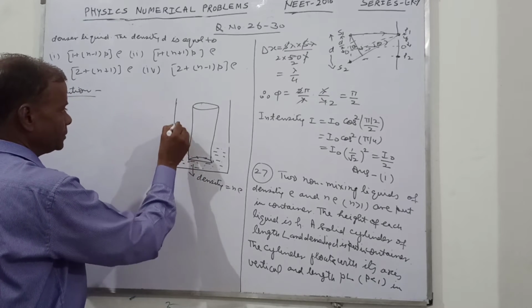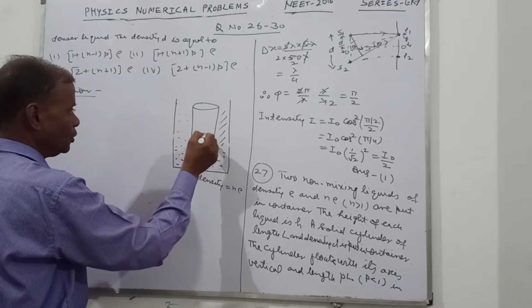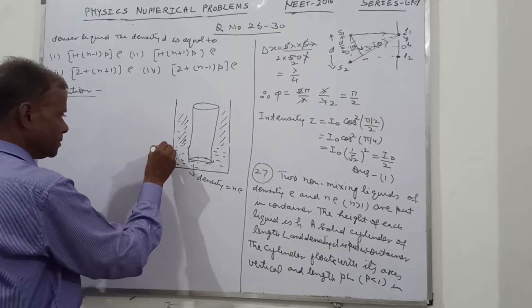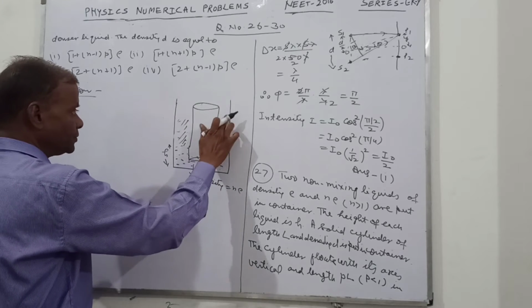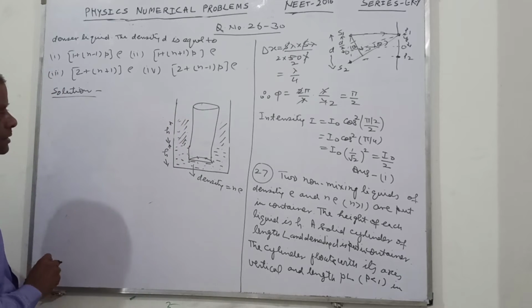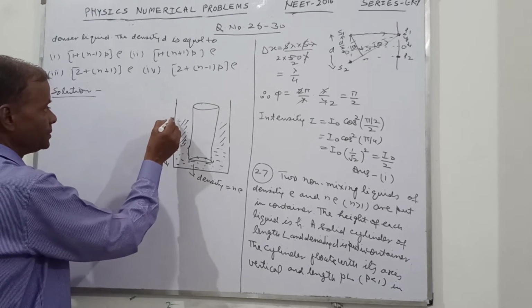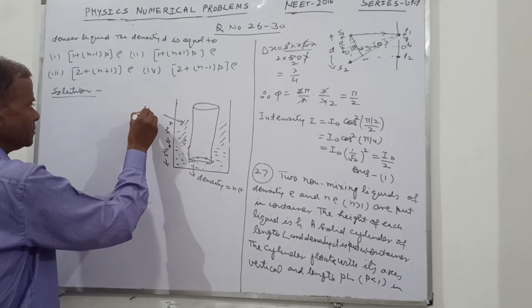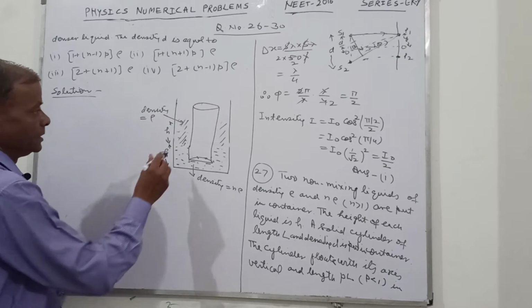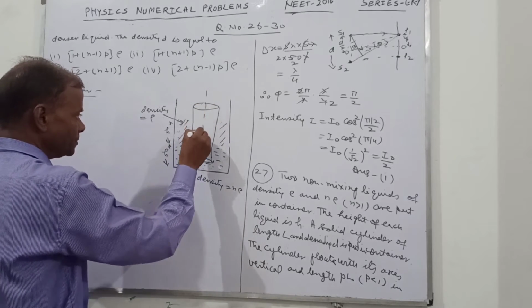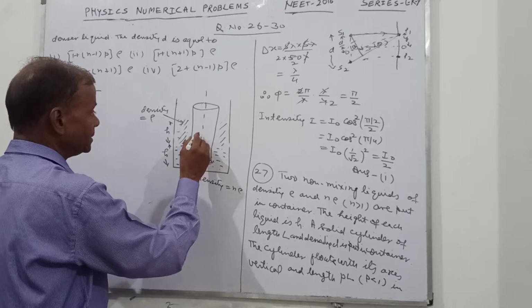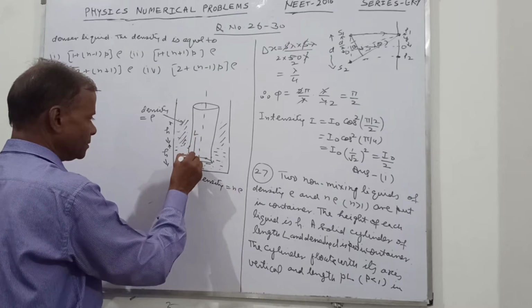Its height is h and its height is also equal to h. The length of this cylinder, this is an axis, is L. This is the complete length L.